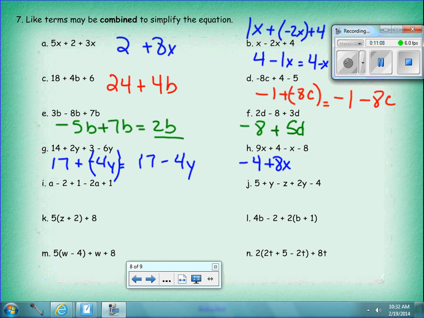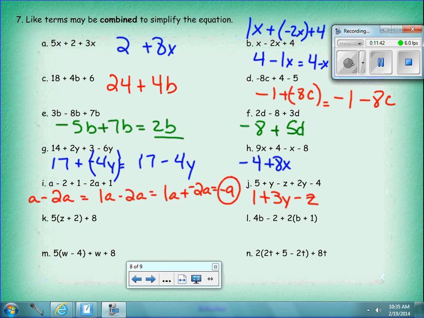Okay, in G, my constant terms were 14 plus 3, so those equal 17. Then I combined my coefficients. 2y minus 6y is negative 4y, and I simplified that. In H, I combined my constants 4 minus 8, which is negative 4. Then my coefficients, 9x minus x, gives me a positive 8x, so I simplify that to negative 4 plus 8x.